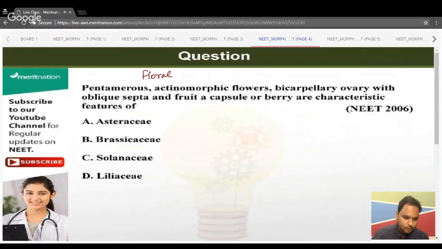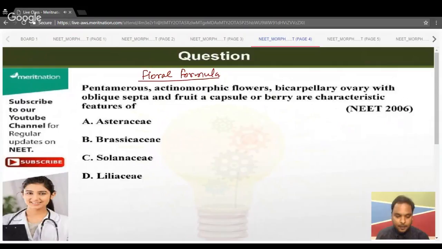You need to remember 5 different families and their floral formulas. Okay, one example is here. It's a NEET 2006 question: a pentamerous actinomorphic flower, bicarpellary ovary with oblique septa, and fruit a capsule or a berry, are characteristic features of.